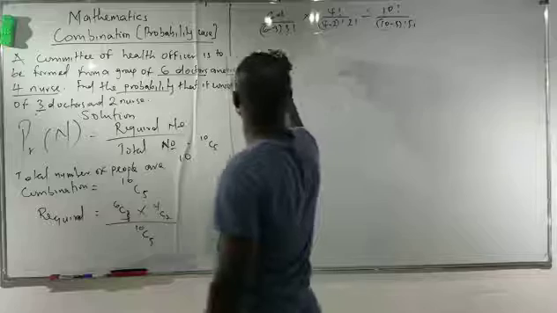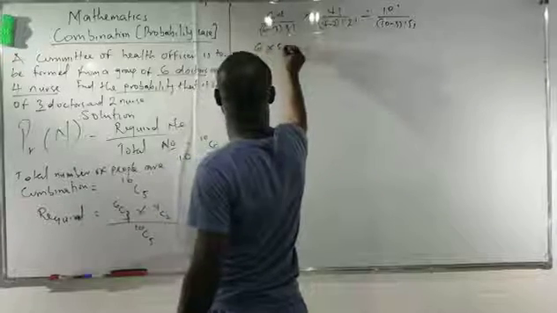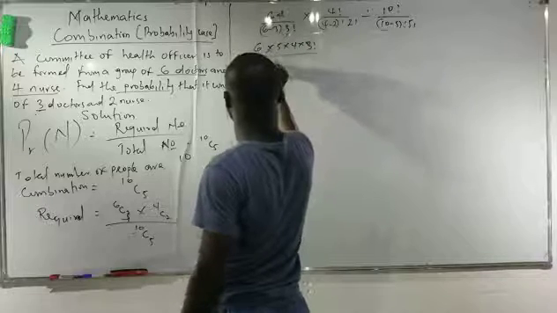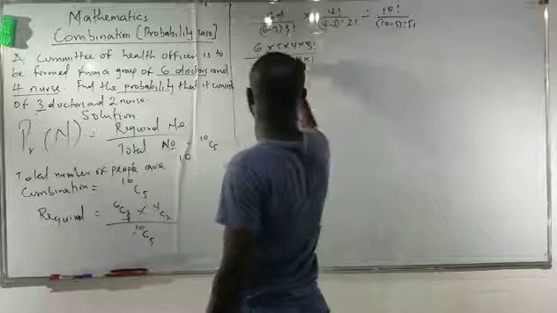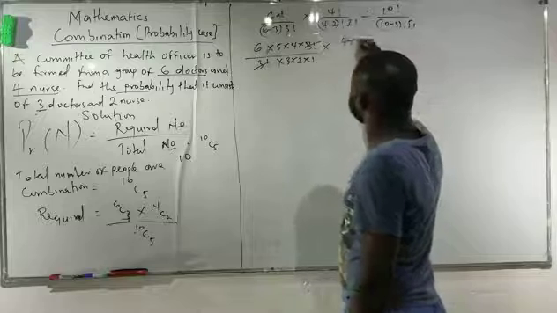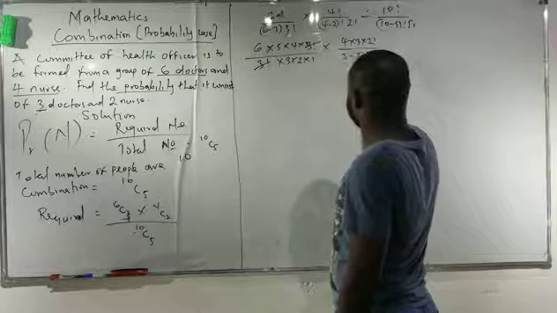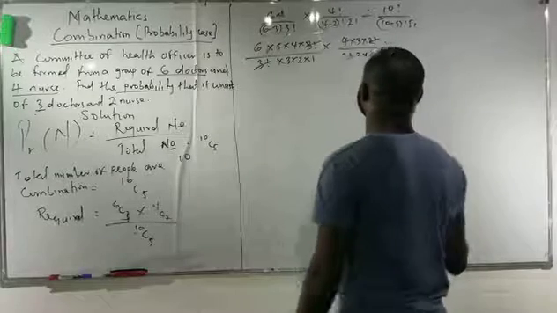Now, I think I can say that 6 multiplied by 5 multiplied by 4 multiplied by 3 factorial, divided by 3 factorial, 3 times 2 times 1. Likewise, this will cancel this. Multiply by 4 times 3 times 2 factorial divided by 2 factorial, 2 times 1. This is division.